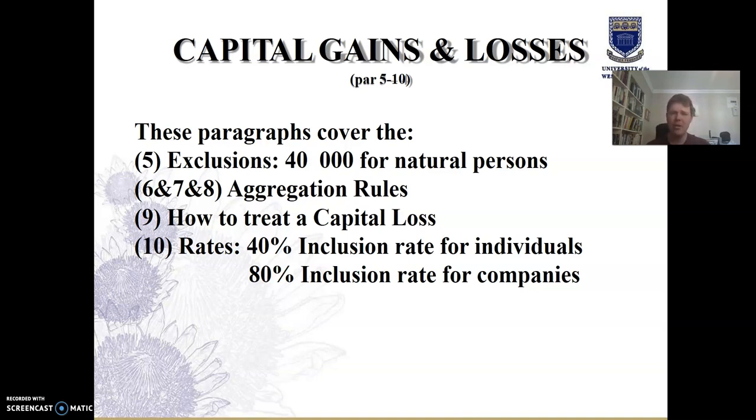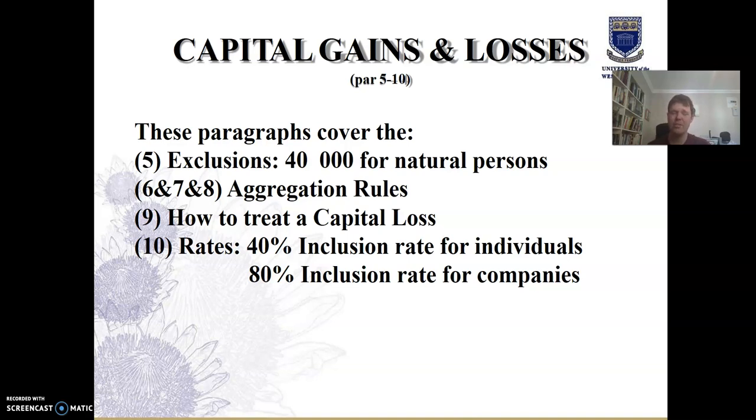When we get to paragraph 5, it tells you about your annual exclusion. Paragraphs 6, 7, and 8 speak about the aggregation rules, basically the process that you use each year to add up all your gains and losses, take off your exclusion, and take off anything from the previous year.